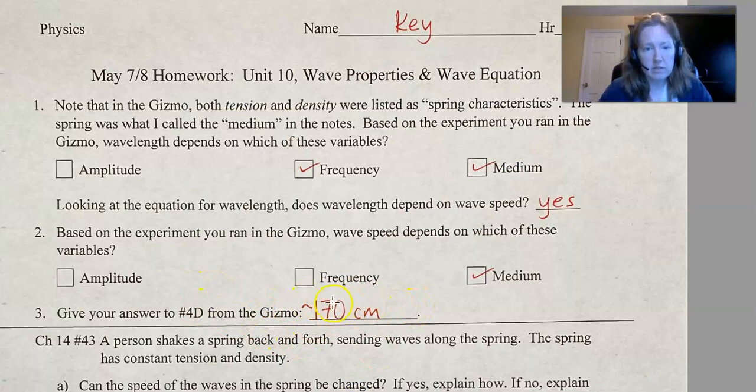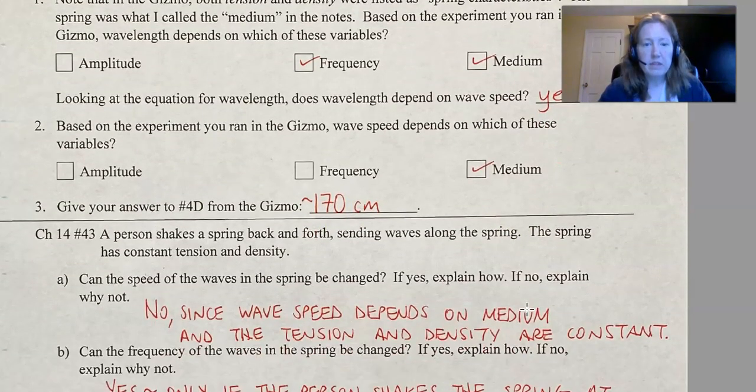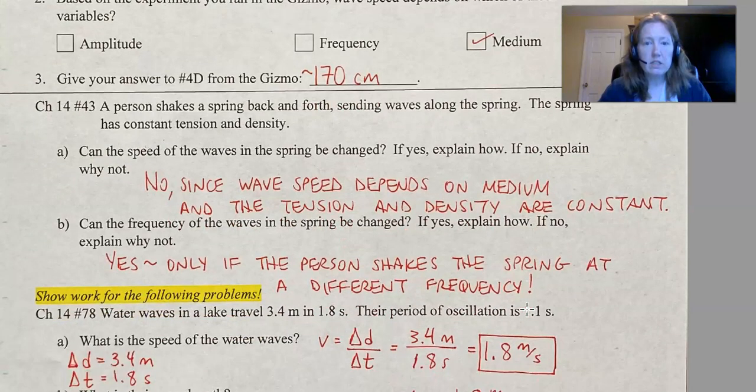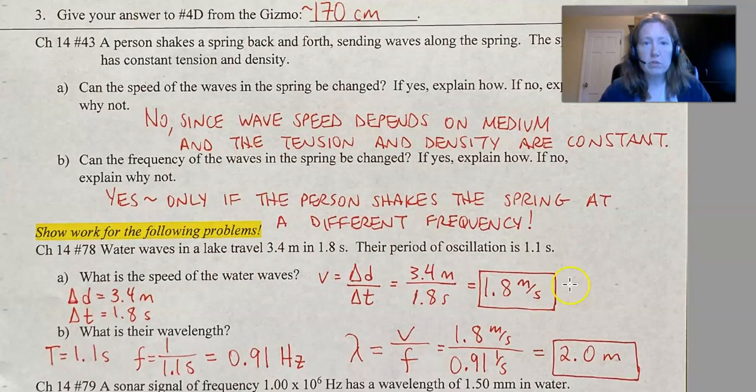And then you just measured the amplitude for wavelength, I'm sorry, for number 3. That seemed okay. And then this is checking that you understand how those characteristics change.